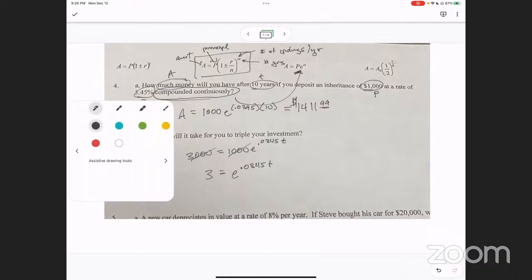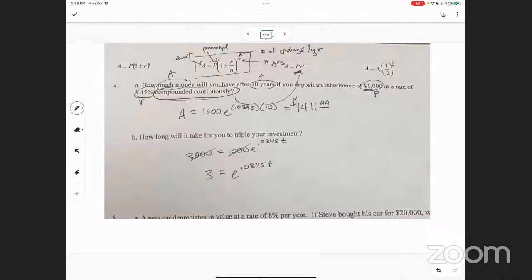What should they do to both sides to get that variable out of the exponent? Take the natural log, right? Because that brings that down front. So I have the natural log of 3 equals 0.0345 times t times the natural log of e, which is just 1, right? So that's gone.